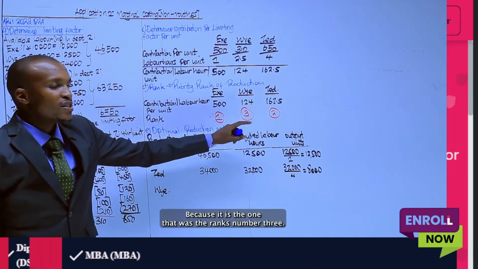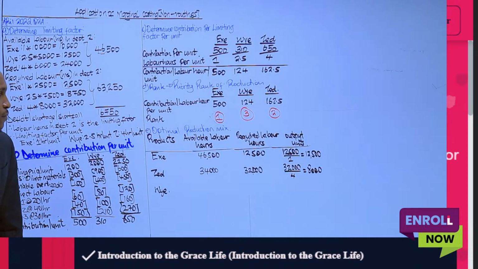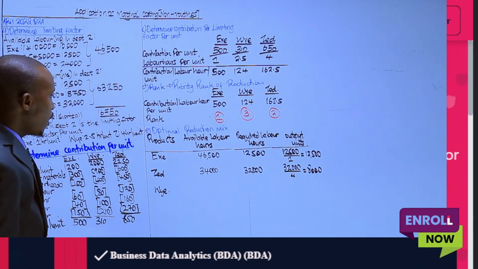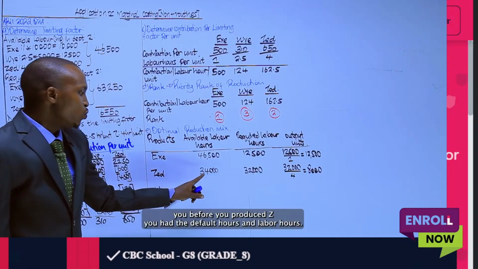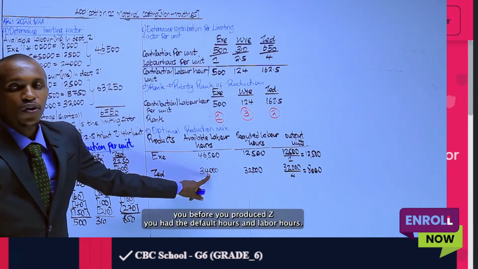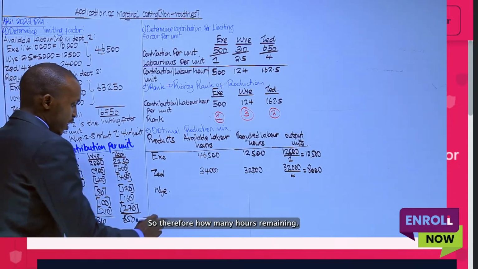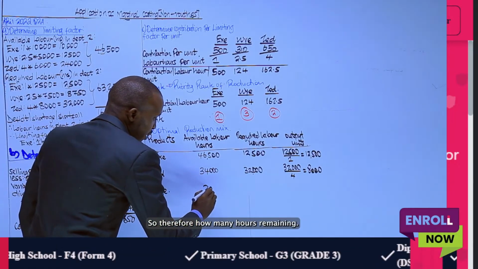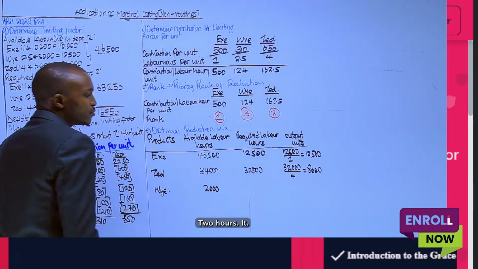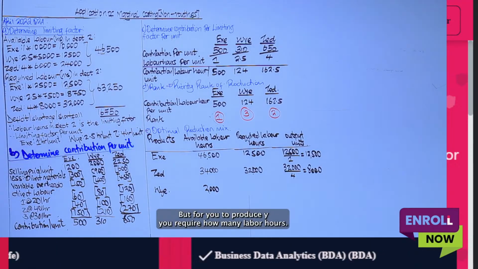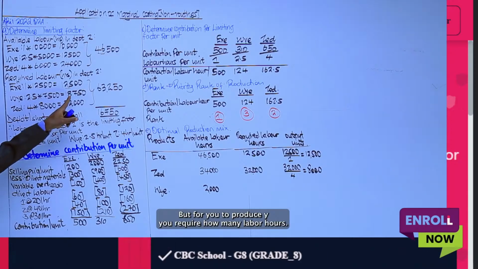The last product that we should produce is product Y, because it is the one that was ranked number 3. Before you produced Z, you had 34,000 labor hours, but you have used 32,000. So therefore, 2,000 hours are remaining. But for you to produce Y, you require 18,750 labor hours.